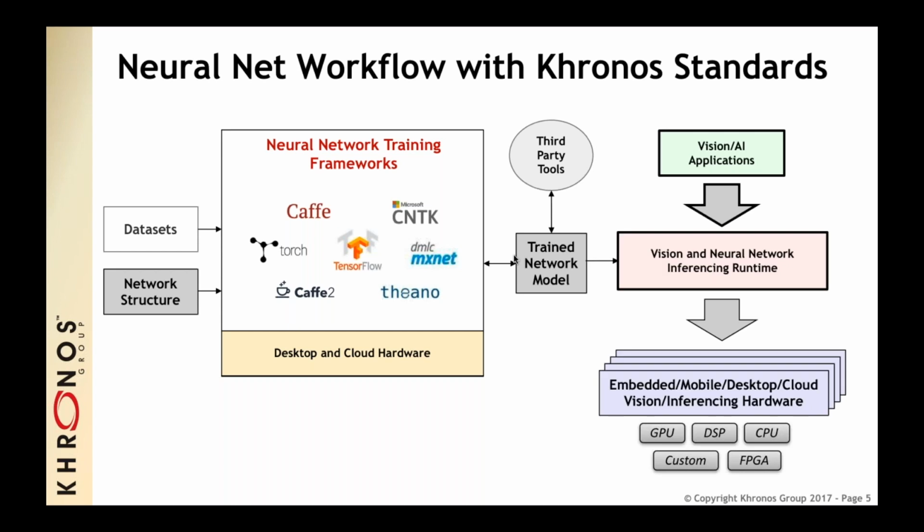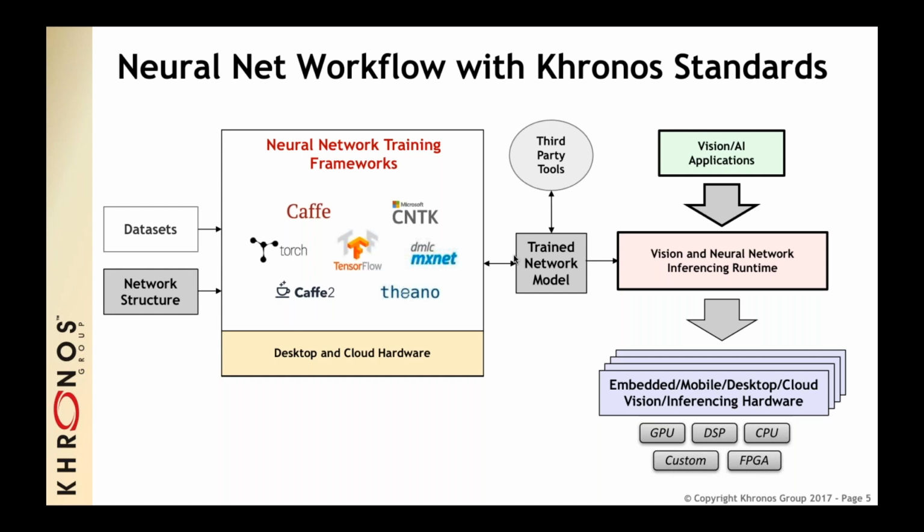But before that, I want to mention a couple of the problems that we try to solve at Khronos. I'm going to use the neural network workflow end-to-end to see what the existing problems are and how Khronos is trying to address them. So let's say you want to train a neural network.